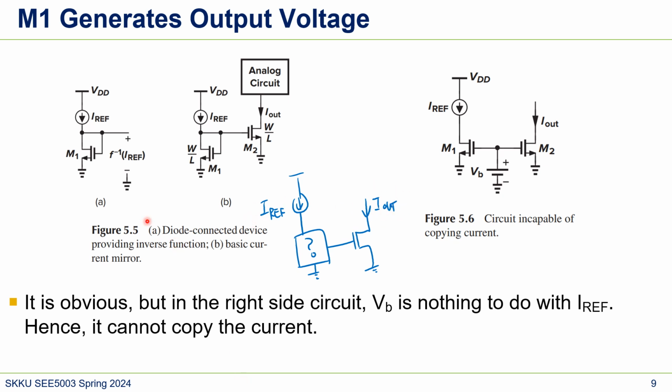If you see this example, this circuit cannot copy the current. We can just assume that this is, let's say, just a voltage source, okay?